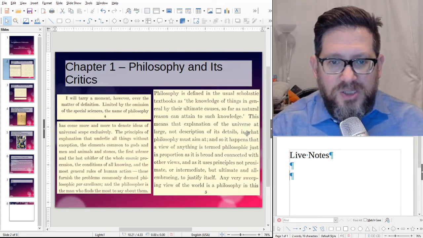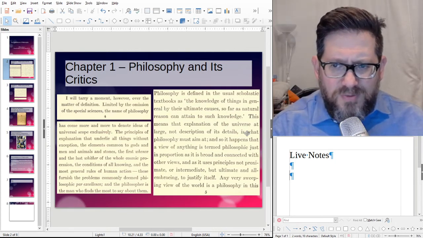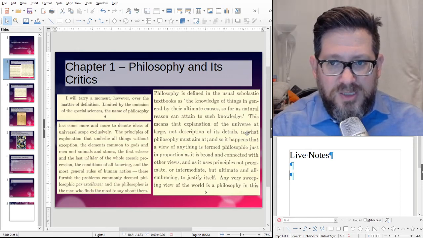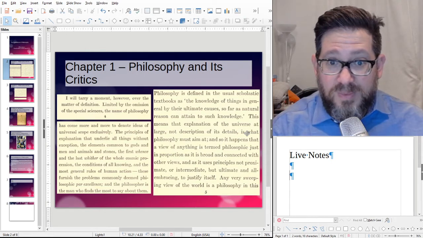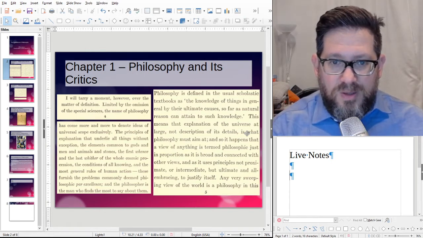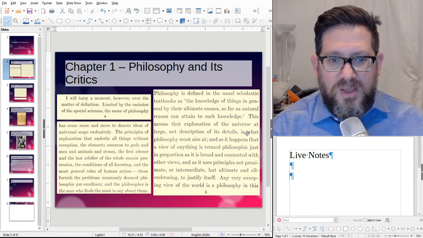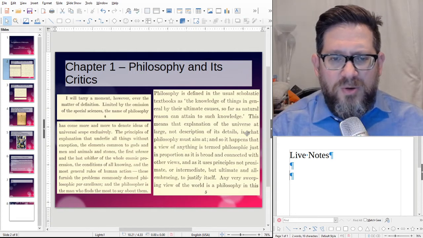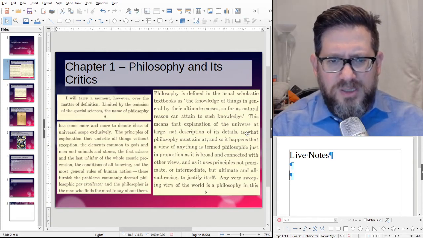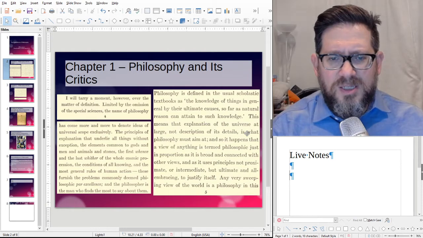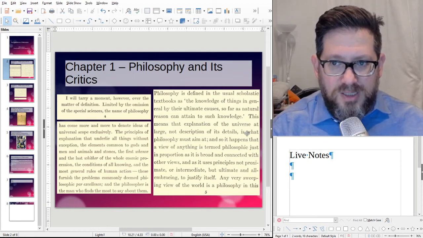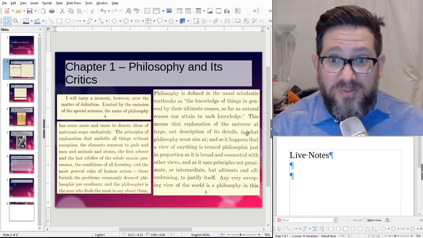And it's knowledge about things, not specific things, but things in general. So it's not about a specific person. It's about people in general. And knowing them by their ultimate causes, or whatever that thing is, in general now, generalized. Not any specific thing, but that kind of thing.